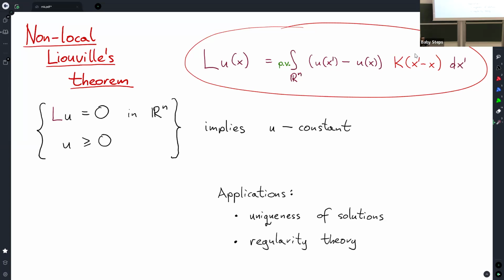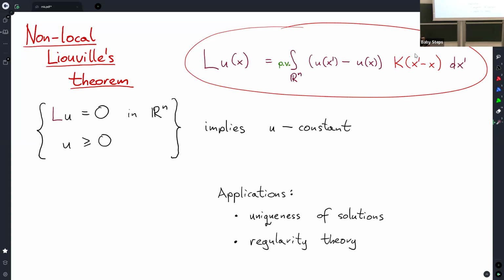And another, maybe less obvious, application is to regularity theory. What PDE people often do is they consider a solution without assuming any regularity, and they want to prove an a priori result, as they say, which would assert that every solution is automatically regular, say, Hölder continuous with some exponent or something like that.